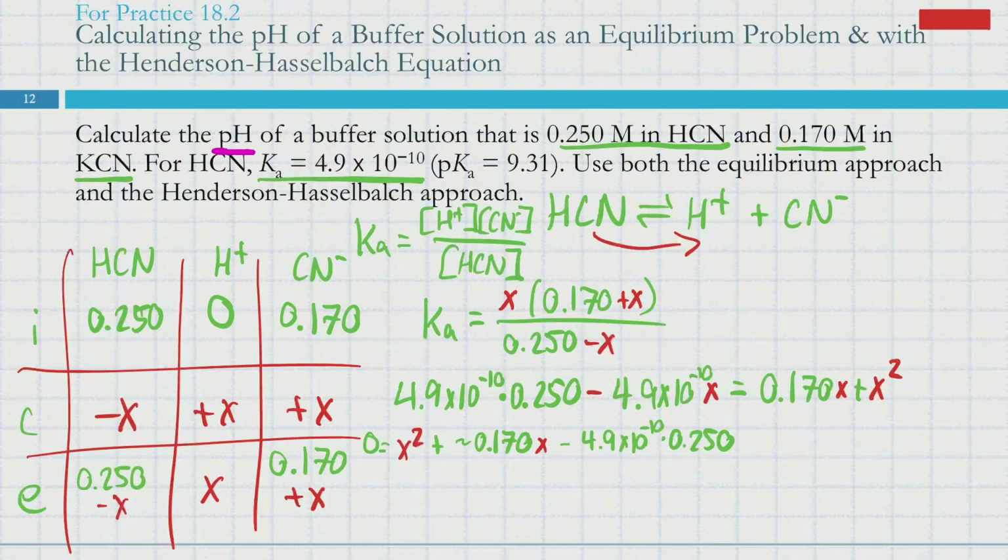We solve, and our x values, x1 is 7.20588231 times 10 to the negative 10.